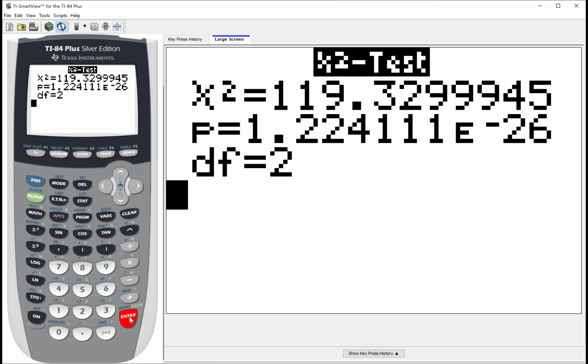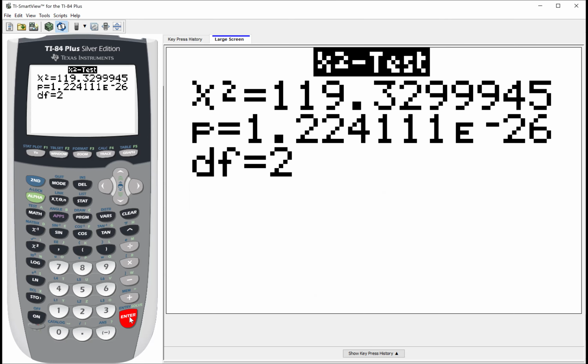So remember, there was a question similar to this in the chapter 10 and 11 lectures, hypothesis testing on means and proportions. I don't remember which one it was, but we got a p-value that looked similar where the calculator gave us scientific notation. And I explained it to you on the whiteboard, so I'll just give a quick reminder.